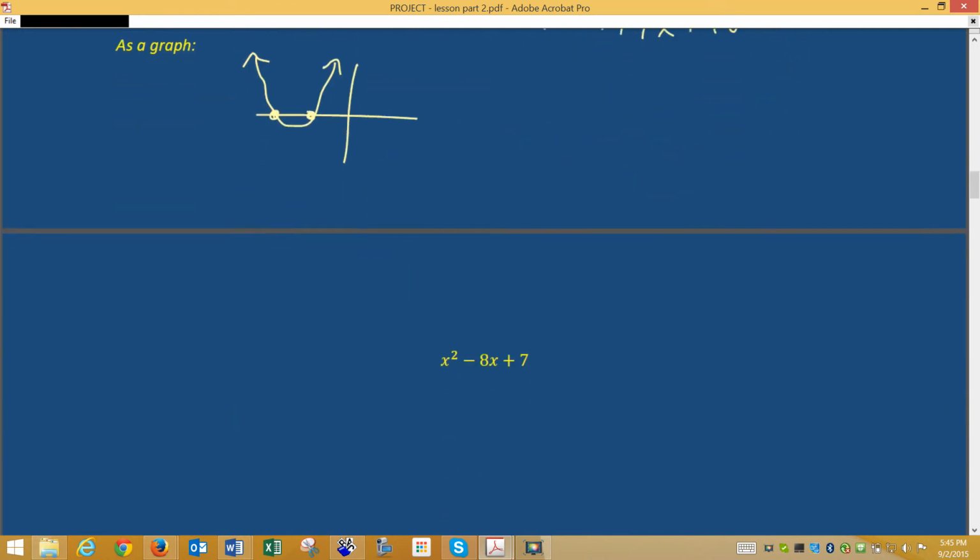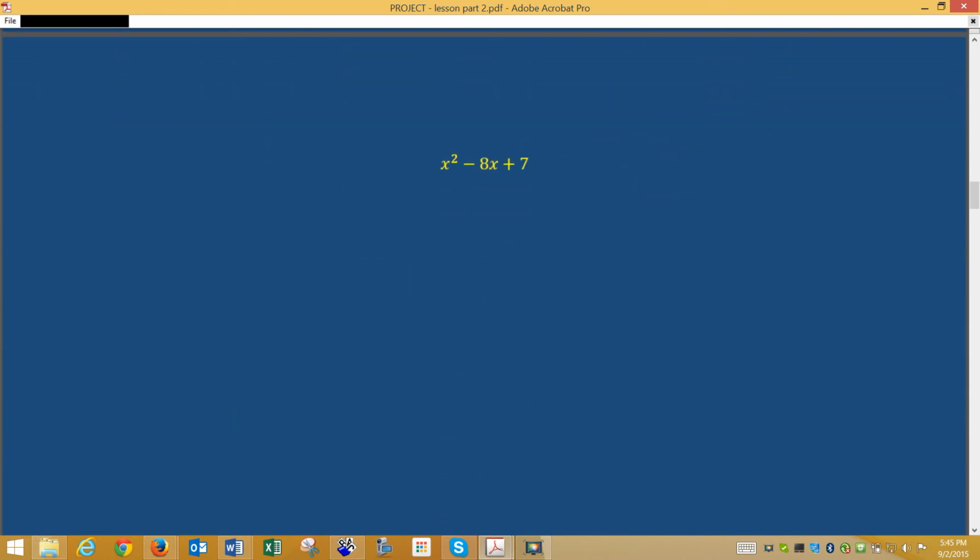Okay. Next example. So we need to factor the 7, because that's our last term. So factors of 7, 1 times 7, and that is all. Oh, but they need to add to -8. Well, -1 times -7 is still +7, and they add to -8, so that one works. Okay.